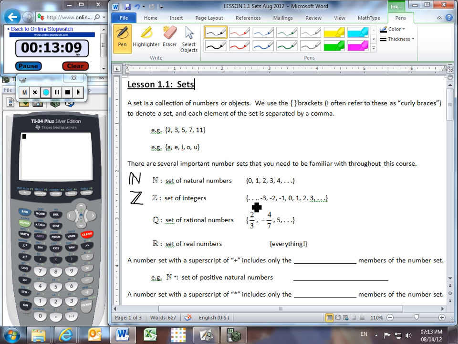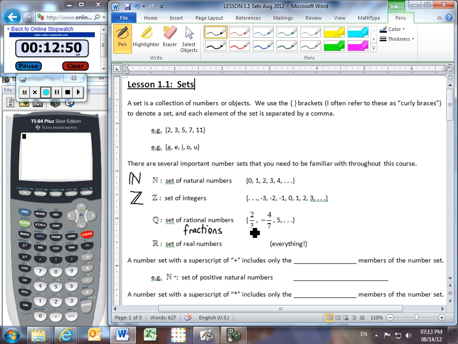The set of rational numbers, a better way of thinking about this maybe, are the numbers that can be expressed as fractions. And for something to be a valid fraction, both the numerator at the top and the denominator must be integers.